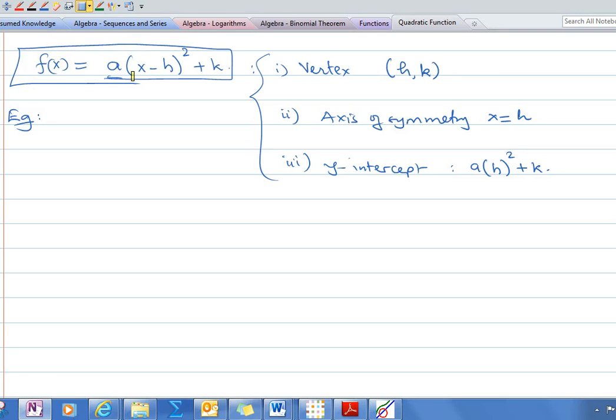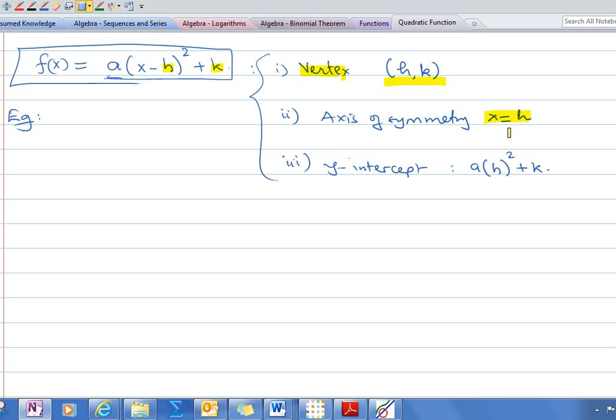When the function is in the form of a(x minus h) squared plus k, then we can get a few things. One, we can get the vertex of that function, and that is usually given by the value of h and the value of k written as coordinates, that is (h, k). It is also possible to read off the axis of symmetry, and that's the value of x at that vertex.